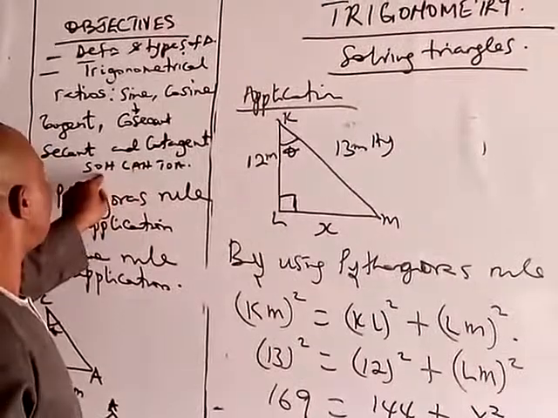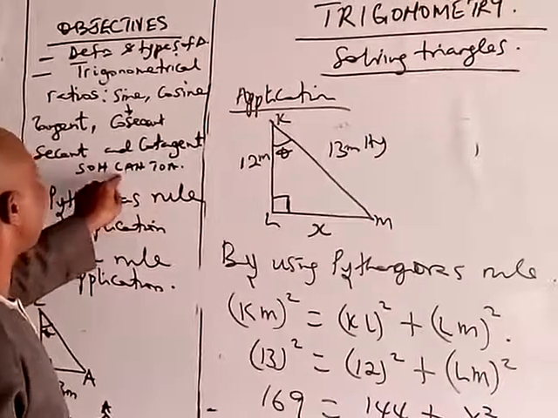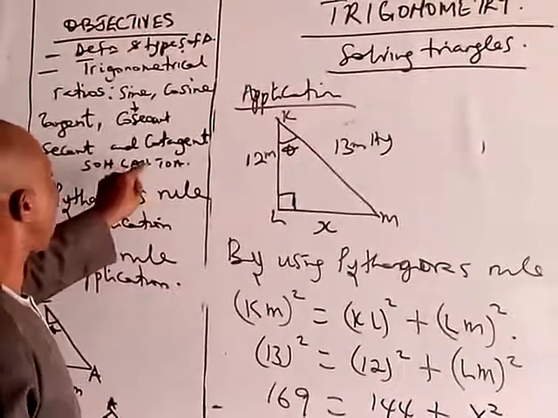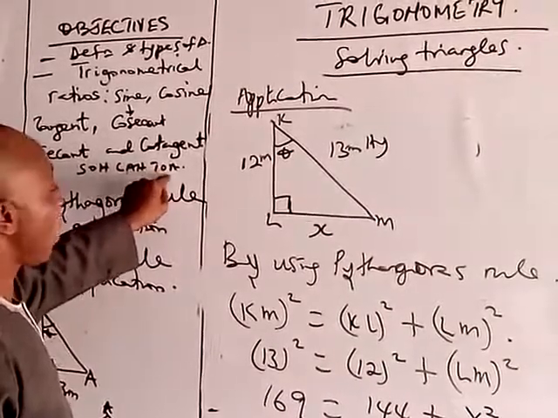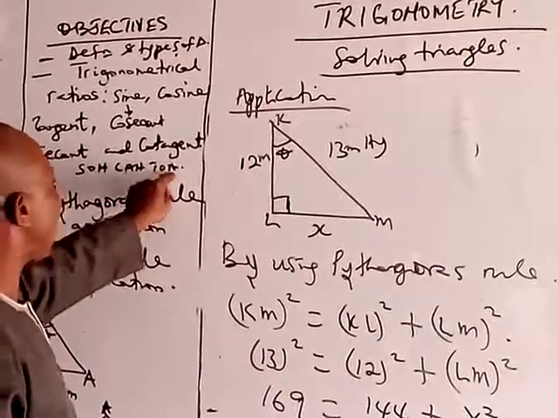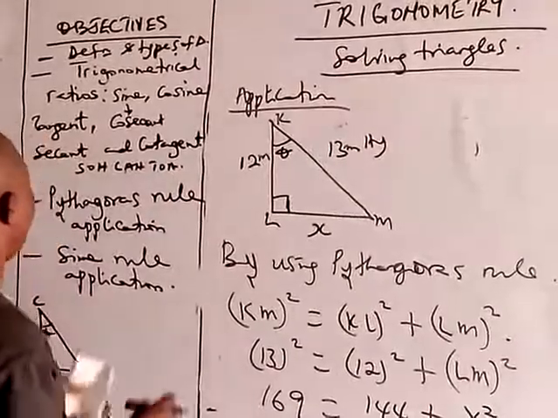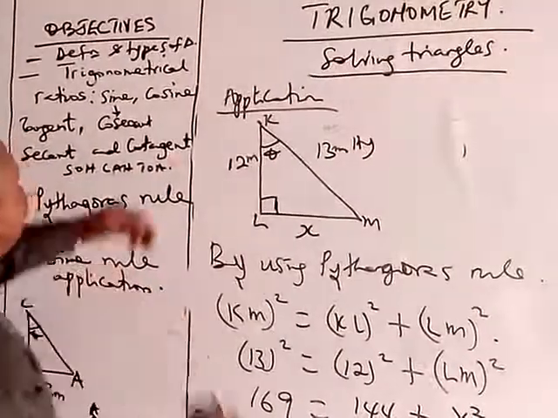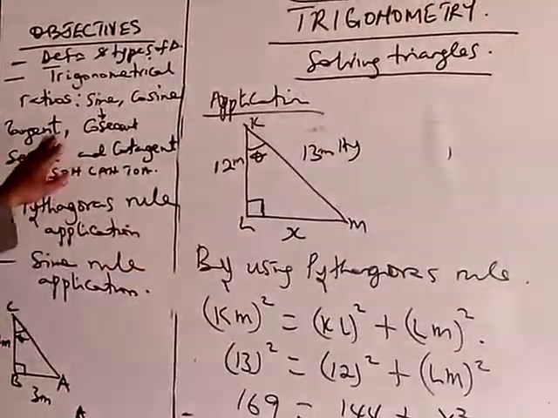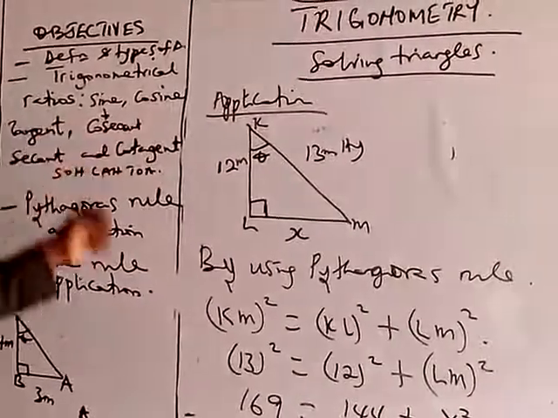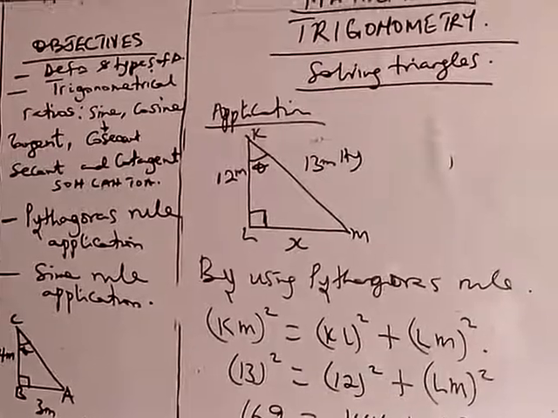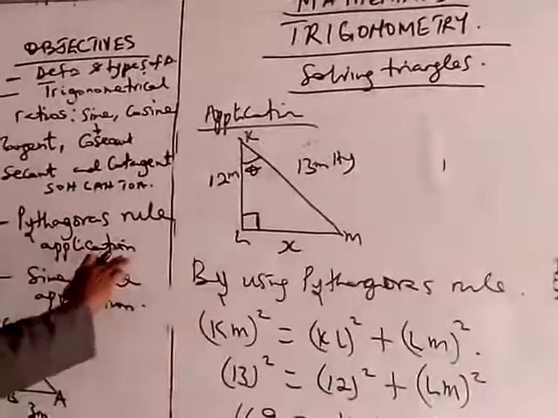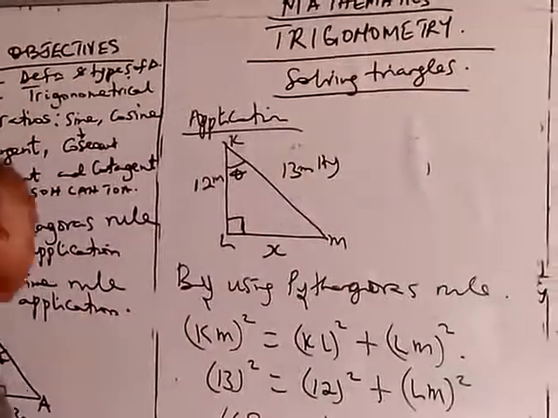Sine is opposite over hypotenuse, cosine is adjacent over hypotenuse, and tangent is opposite over adjacent. Now, I said we have the derived ones. The derived ones are the cosecant, the secant, and the cotangent. That's the application of the Pythagoras rule.